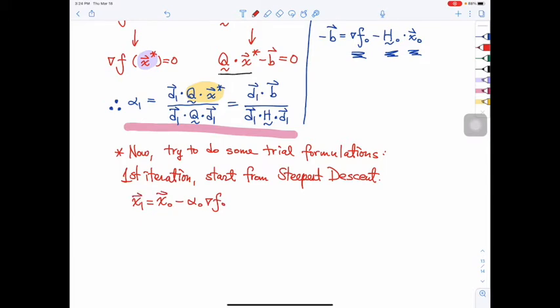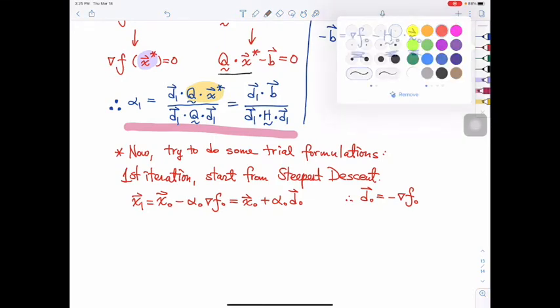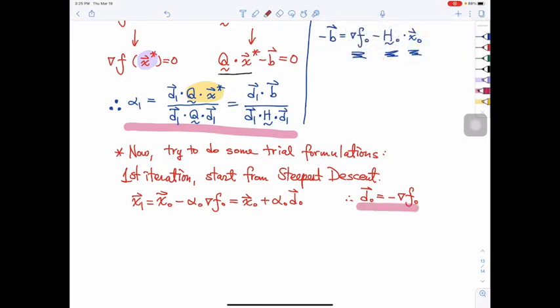This is our steepest descent. And following our new notation, we are using this d vector, d0. So d0 is negative gradient 0. This is something that you will use later on. I just write it down here.